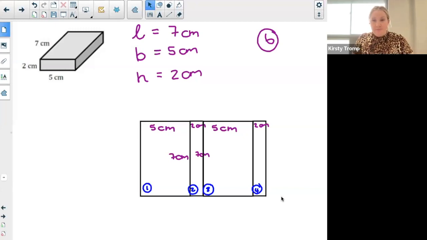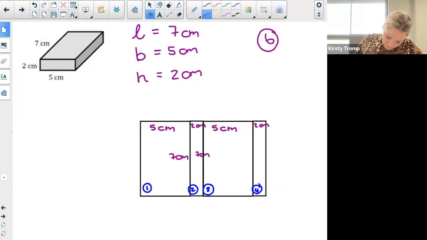All right. So let's see what we've done so far. We've unwrapped this whole section here. Now, if this was a box, we unwrapped the sides.